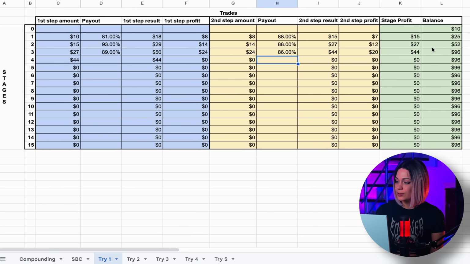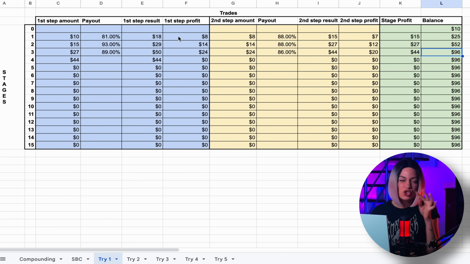And in general, right now, the balance, if we're not talking about rounding, is $96. So we basically did X10 from the beginning. And even though we had one deal closed in red, you understand the logic here.